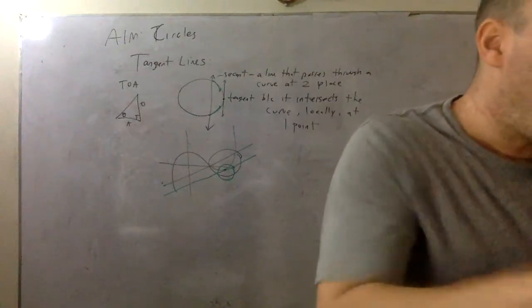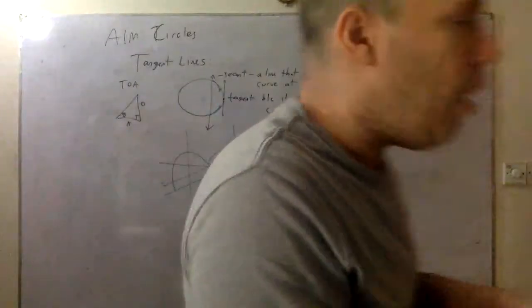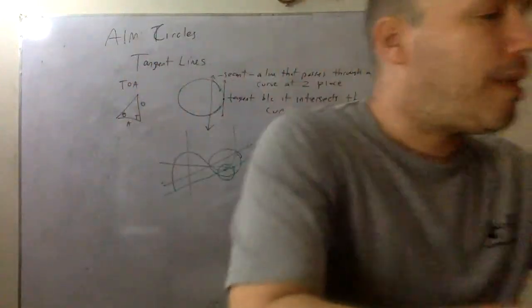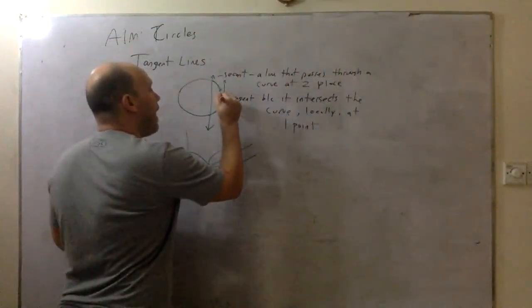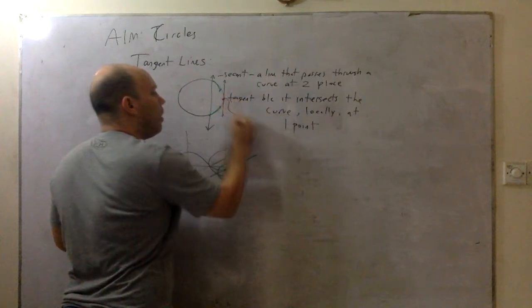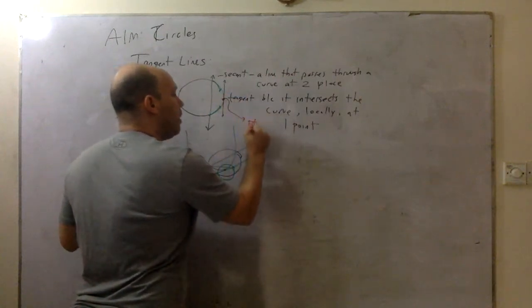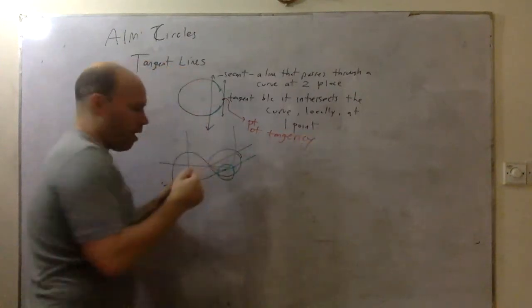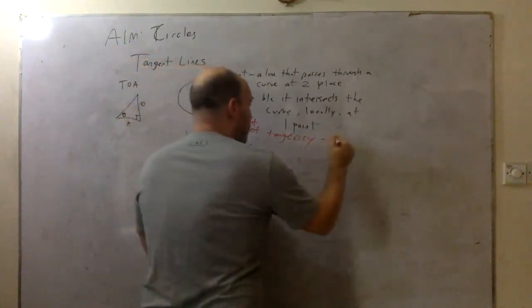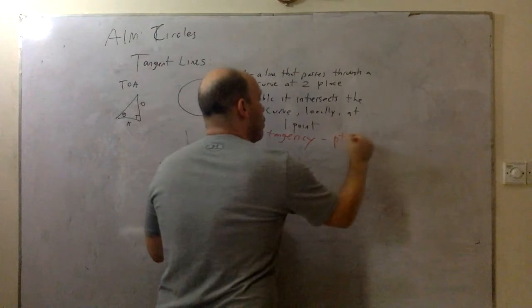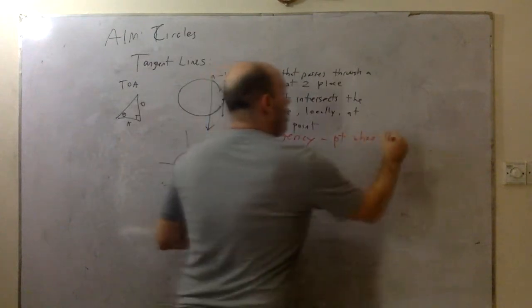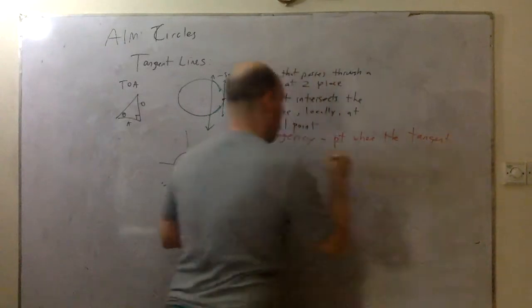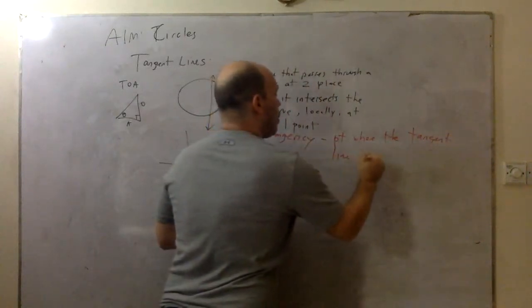Okay. So, let's continue. This point here, where the tangent line meets the curve, is known as the point of tangency.